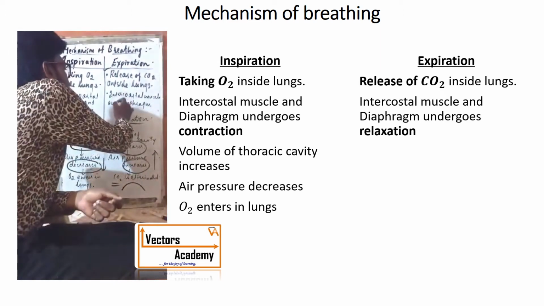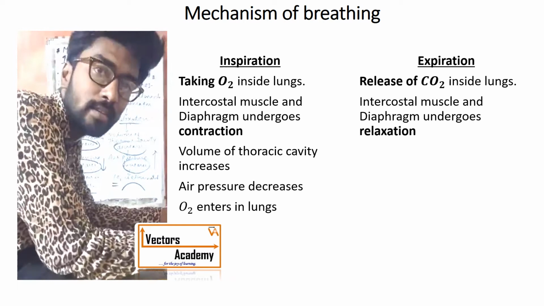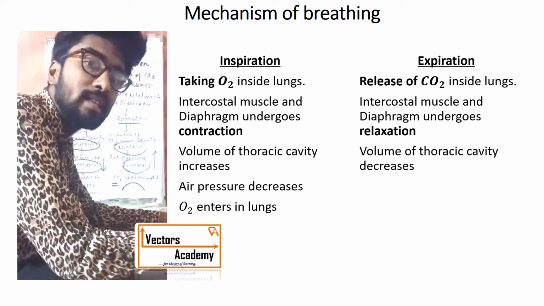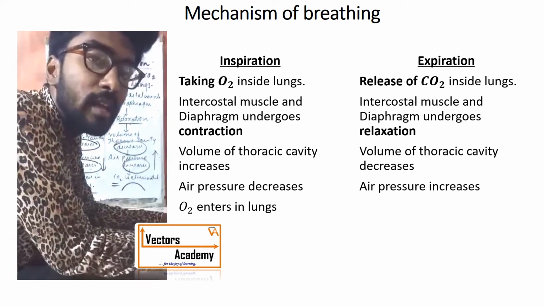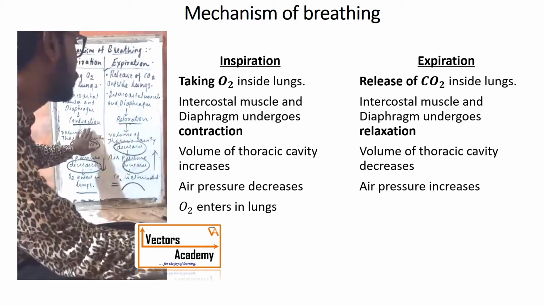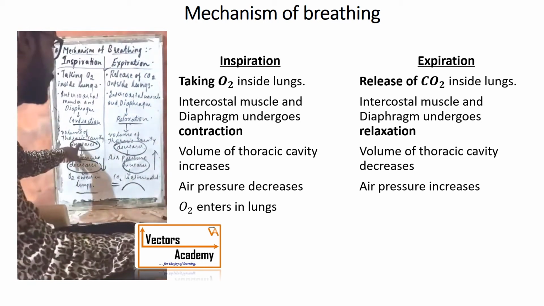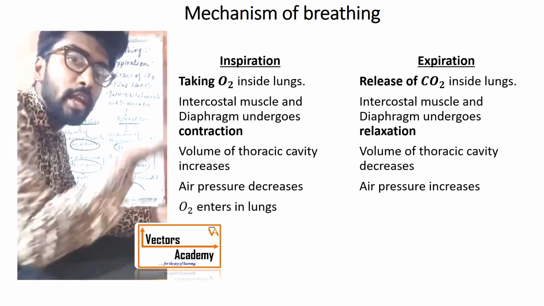During expiration, intercostal muscles and diaphragm undergo relaxation. Now as they undergo relaxation, the volume of the thoracic cavity decreases and the air pressure inside the lung increases. Just opposite. Here it was contraction, here it was relaxation. Here the volume of thoracic cavity increases, here the volume of thoracic cavity decreases and the air pressure inside the lung increases.